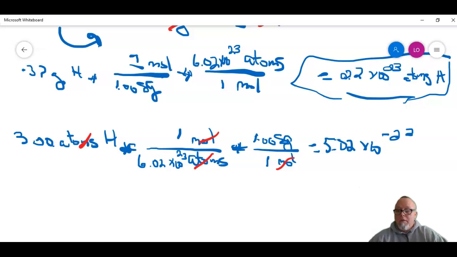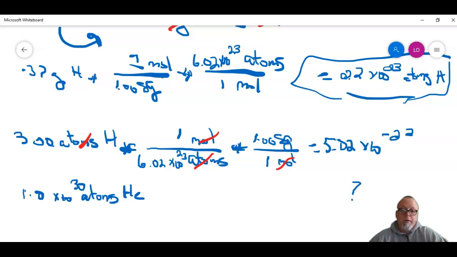Let's do another one. Let's say I have 1.0 times 10 to the 30th atoms of helium, and I want to know how many grams that is.